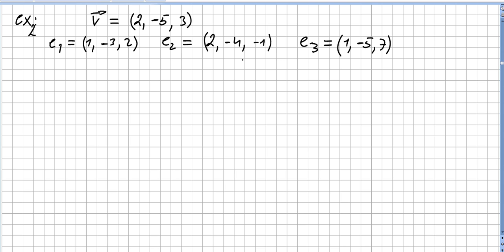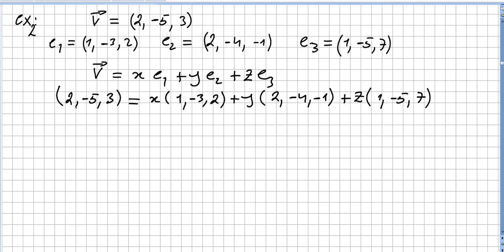Let us try to write vector v as a linear combination of vectors e1, e2, and e3. So (2, -5, 3) will be equal to x times (1, -3, 2), y times (2, -4, -1), and z times (1, -5, 7).